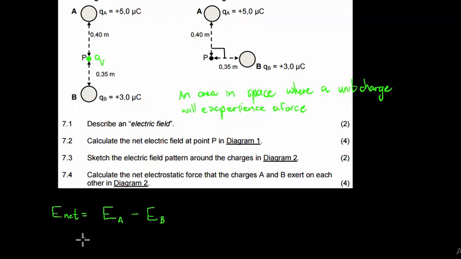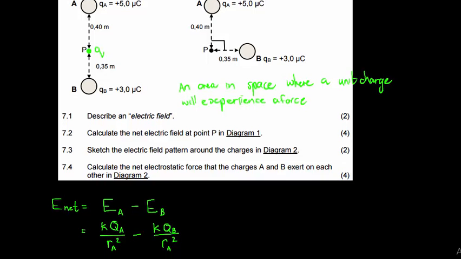The electric field is simply K times the charge of A divided by the distance between Q and A squared, minus K times the charge of B divided by the distance between Q and B squared.